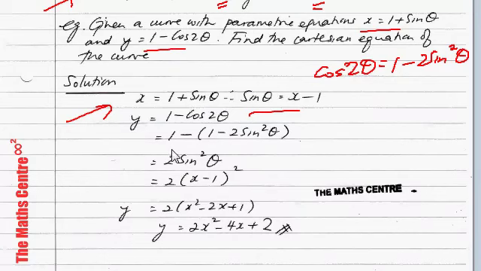If you open this up, 1 minus 1 is gone. I'm left with y equals 2 sine squared theta. What is sine theta? x minus 1. Plug that in. If you expand this, you will get your final answer, y equals 2x squared minus 4x plus 2, and we are done. Remember the idea, we need to eliminate the parameter.